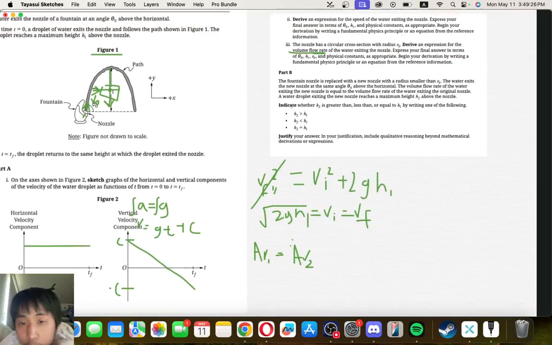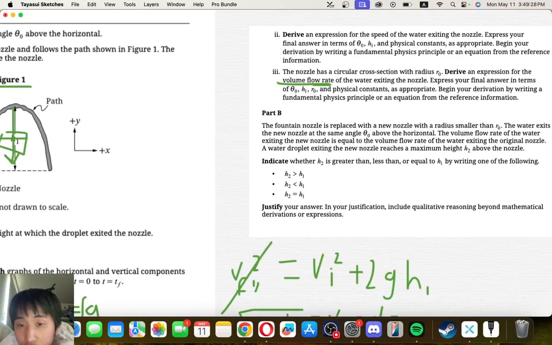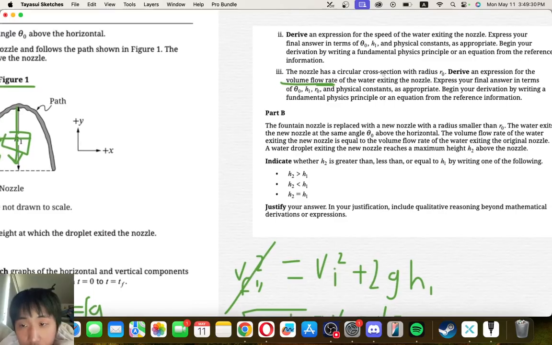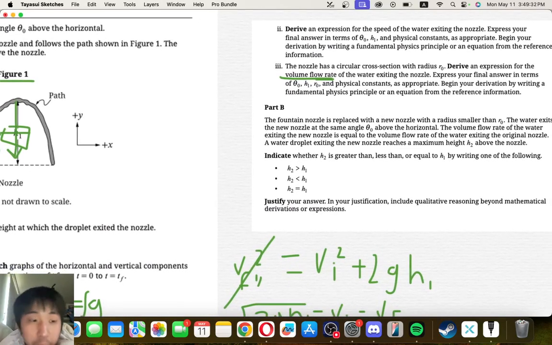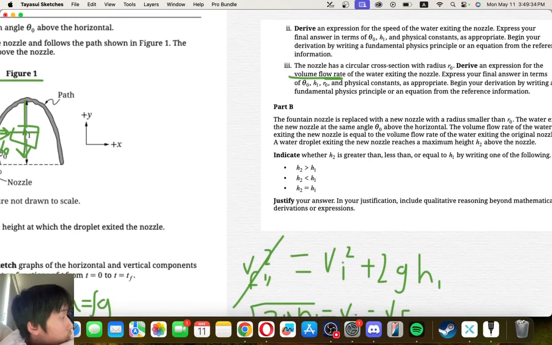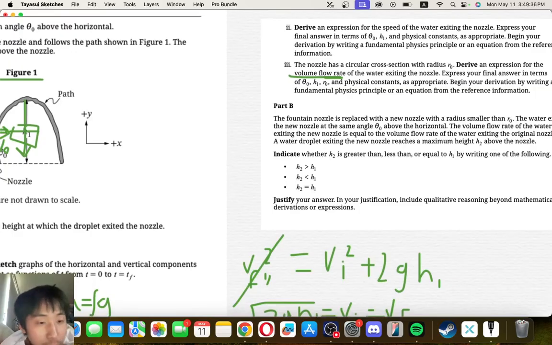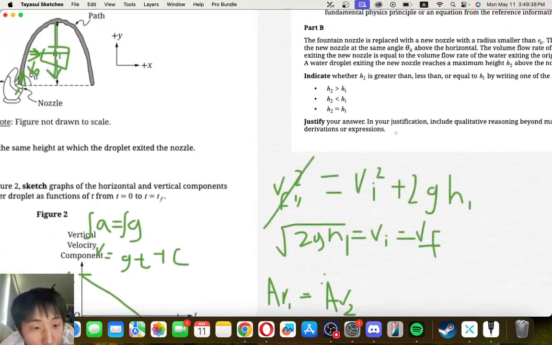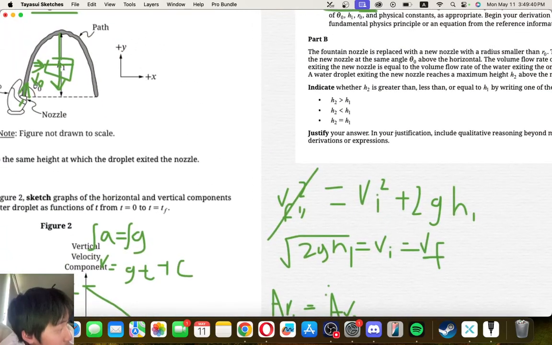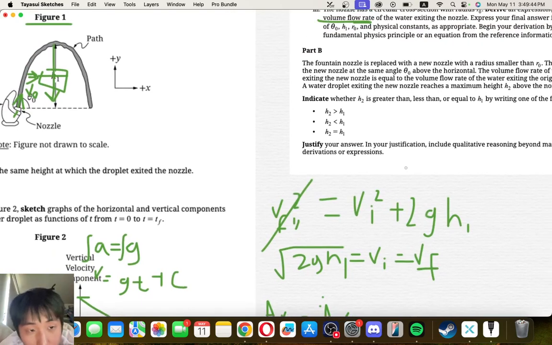Like, okay, let me reread the question. It has a circular cross section of RO. So then, like, what is the initial?